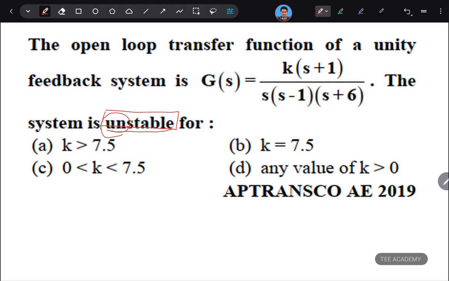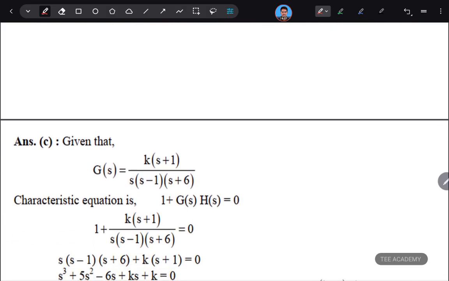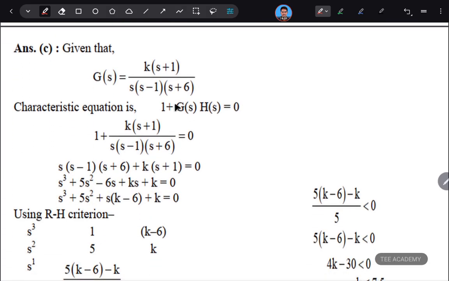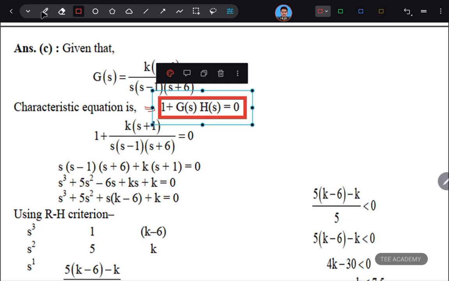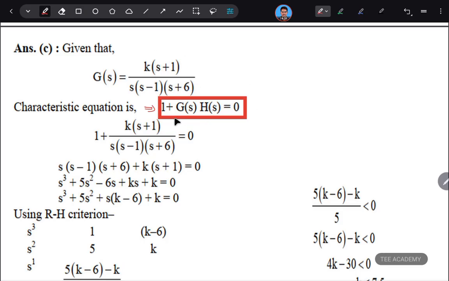Let's see the solution here. By using the RH criteria, I can write the equations. First, G of s is equal to k into s plus 1 divided by s into s minus 1 into s plus 6. I will write the characteristic equation of this, that is 1 plus G of s into H of s is equal to 0. This will be our characteristic equation. H of s is nothing but 1.